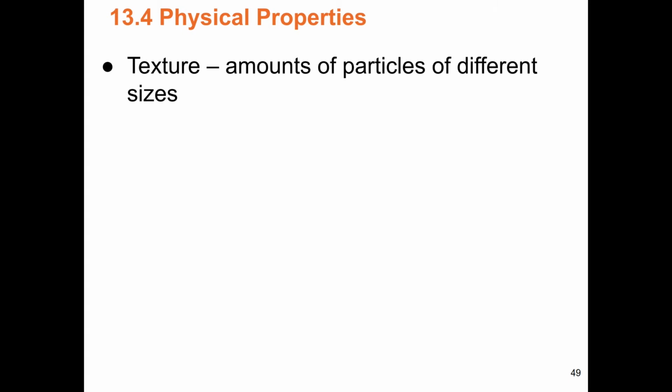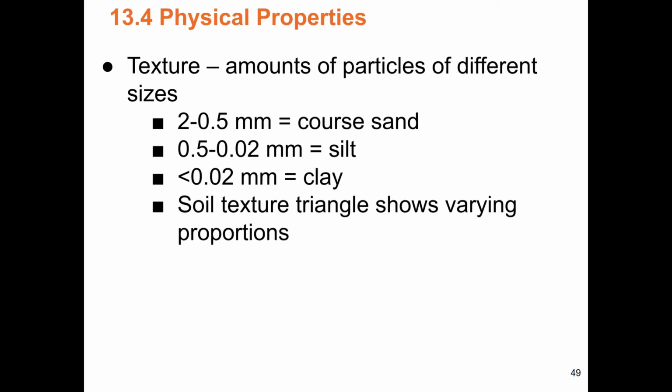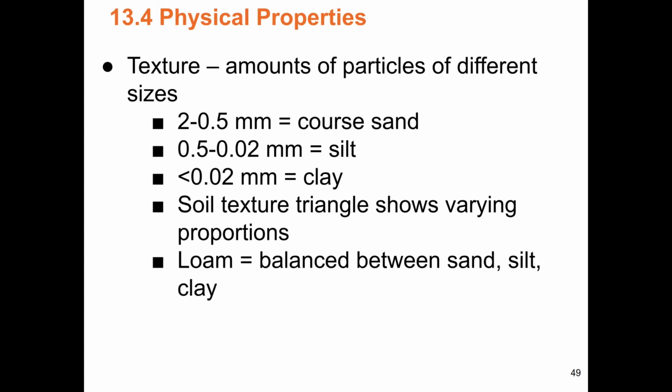Texture refers to the amounts of particles of different sizes. So largest is sand, smaller than sand is silt, smaller than silt is clay. The soil texture triangle shows varying proportions of clay and silt and sand. Loam. Loam is a word for a nice balanced soil.